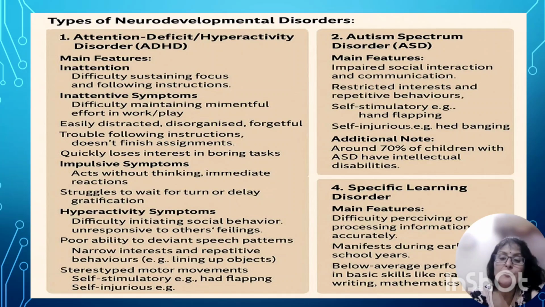And again, due to the effect of social media, this problem has aggravated, so it should be taken into account. Proper screening is possible only when the child is 8 years. Now, he might be experiencing inattention, that is, he might not be able to focus his attention.